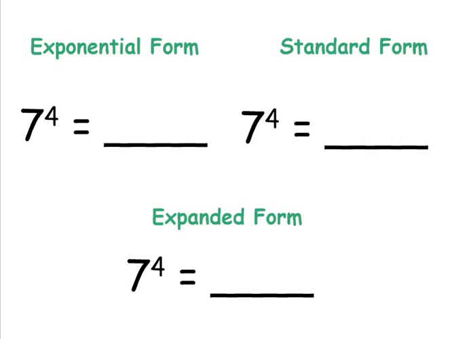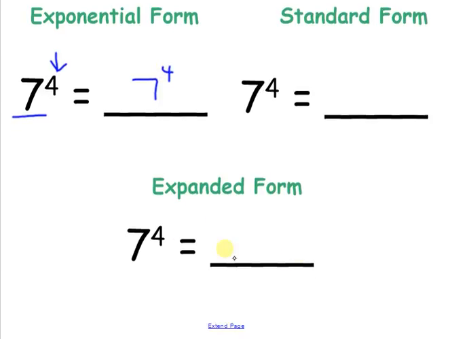Alright, exponential form again. Here we have 7 to the 4th power. Here's my base, here's my exponent, and this one's already in exponential form for us. I'm going to skip down to expanded form. It's going to be 7 multiplied times itself 4 times, so 7 times 7 times 7 times 7.